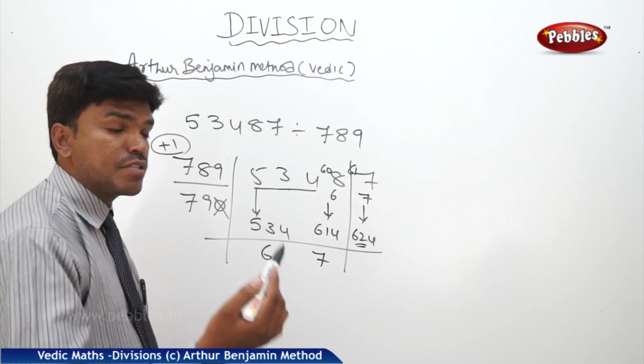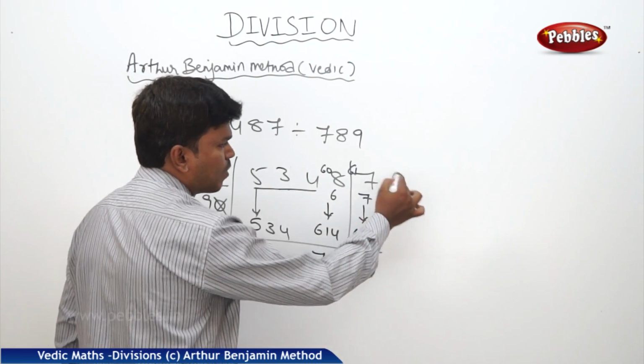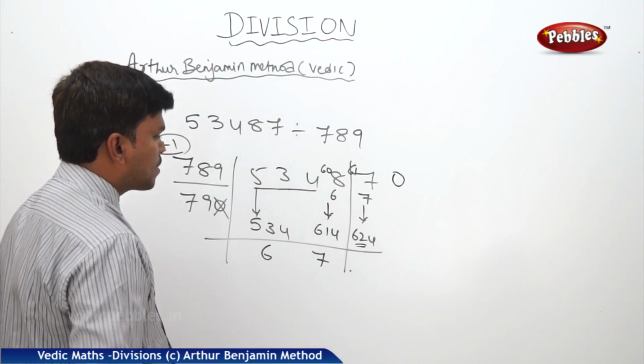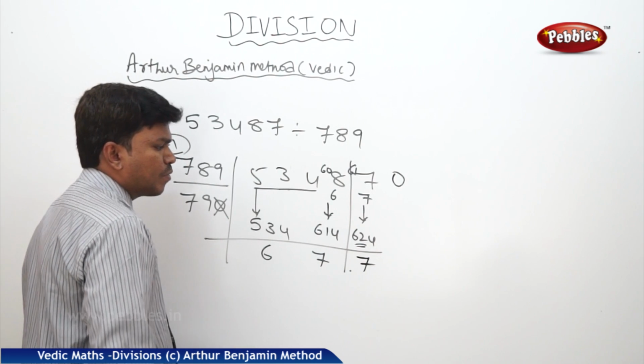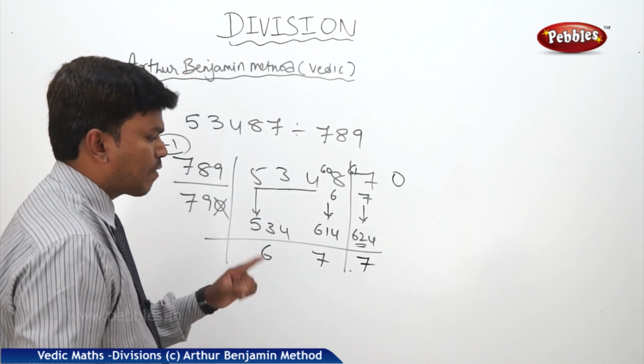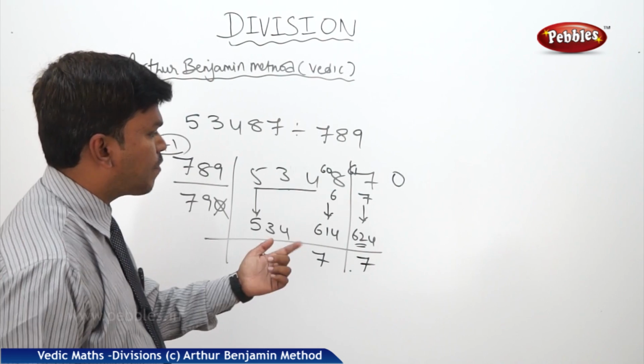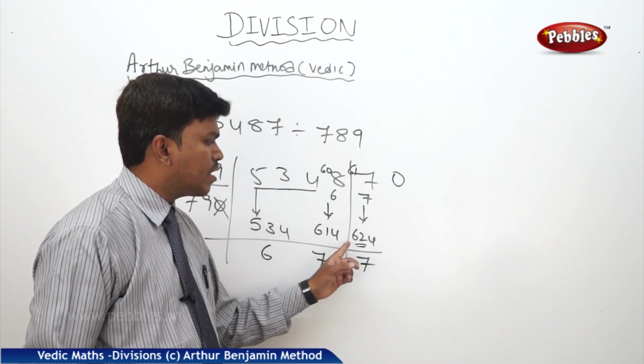Now when I am dividing the number, this will be my remainder and this will be my quotient figure, but I want to do it in decimal points. Put a point, add a 0. 624, how many times does it go? Again 7 times. 7 times 79 is 553.